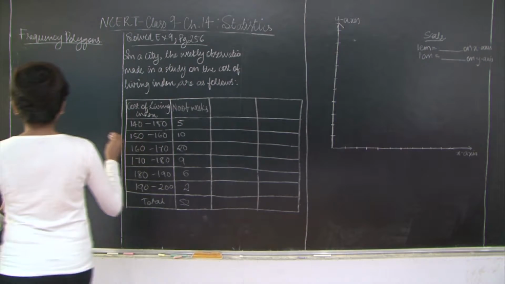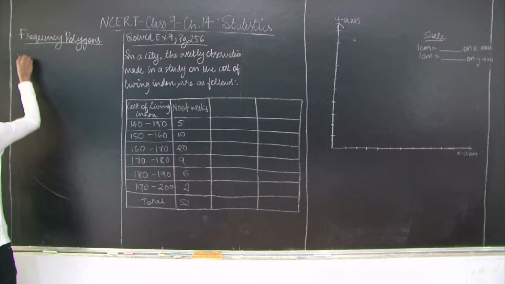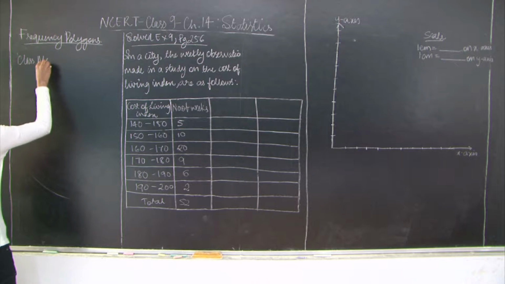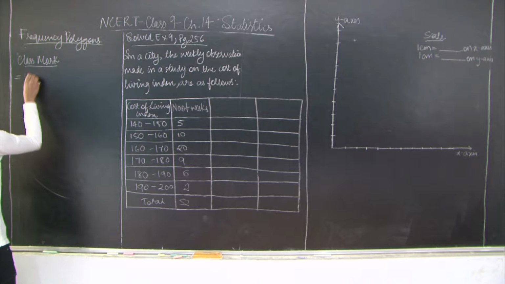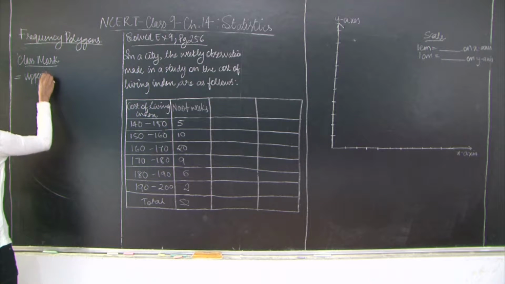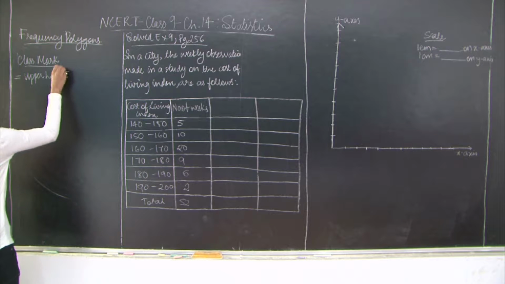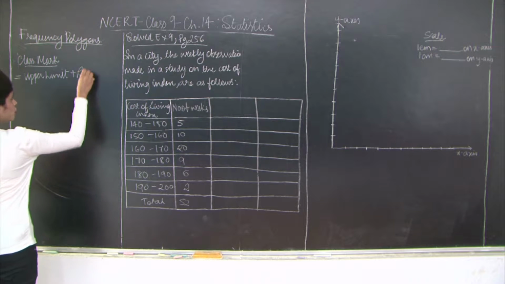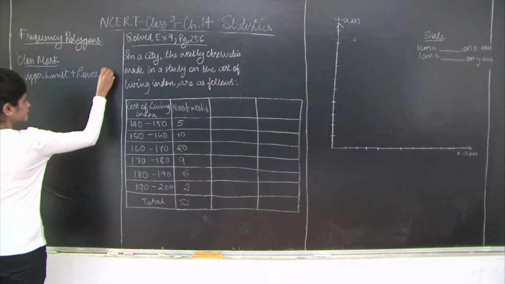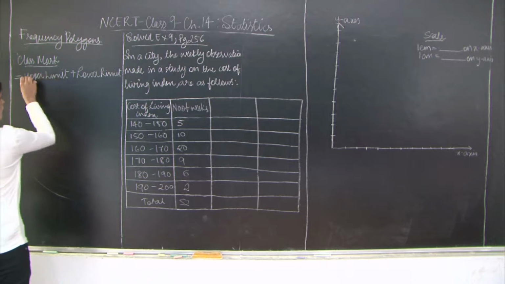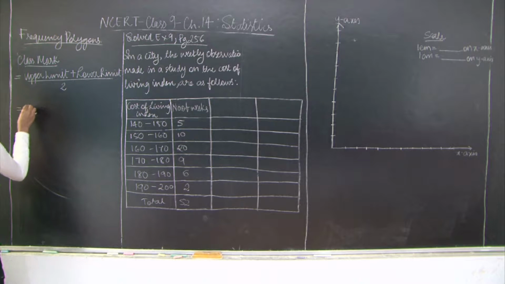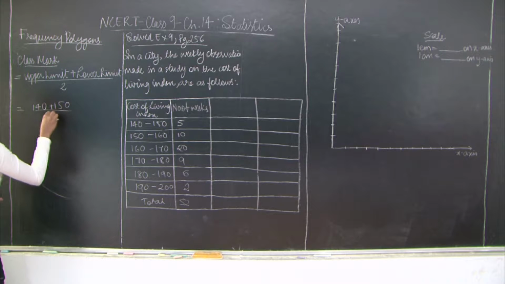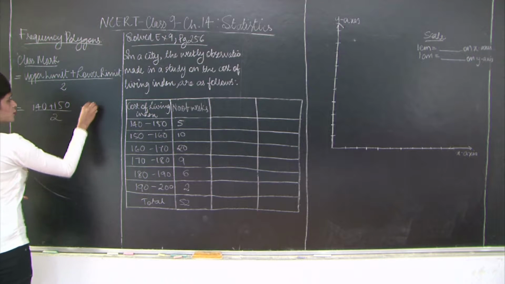For example, I'll just write this down. Class mark is equal to upper limit plus lower limit of a class interval, okay, divided by 2. So in the first case, what would this be? 140 plus 150 divided by 2, which is equal to 290 divided by 2, which is 145.